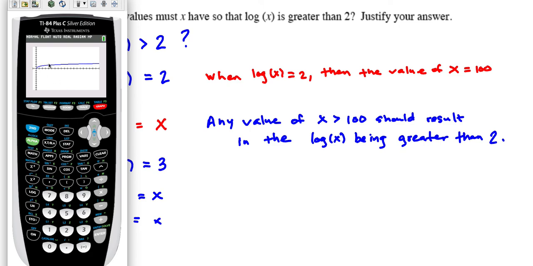As we look at it, it continues to go up and up. Here's where it's going to equal 2, right about there. And then everything above there. Remember these values are going by 10, so this should be about 100 here. And everything above gives us a value greater than 2.